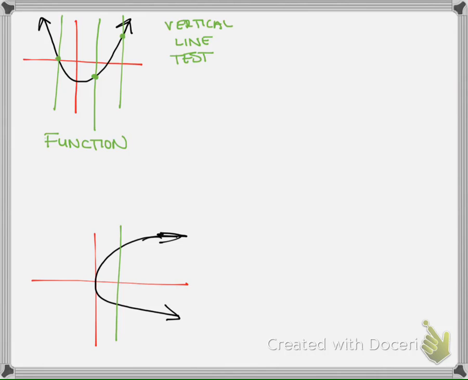Now when I draw a vertical line anywhere on my graph, this time one x value gives me two y values. So if it touches the graph more than once anywhere on the graph, that would mean that it is not a function. So it does not pass the vertical line test.